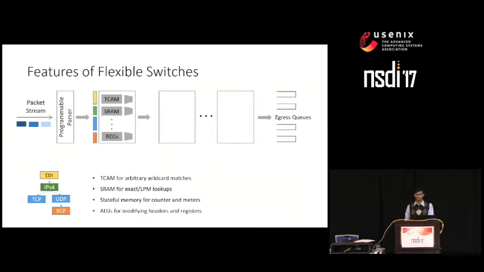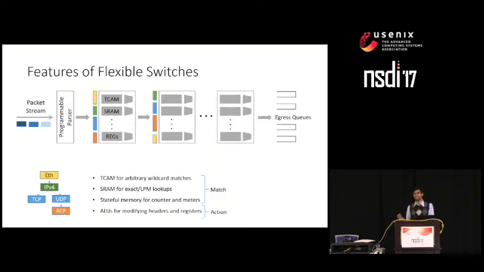Finally, there are some ALUs that can be used to modify the headers or update the state within these stages. The first three components are essentially the matching primitive, and the last one is the action primitive. Once these headers are modified, they are passed on to subsequent stages until you figure out where this packet is destined and you enqueue it in the right port or right egress queue.